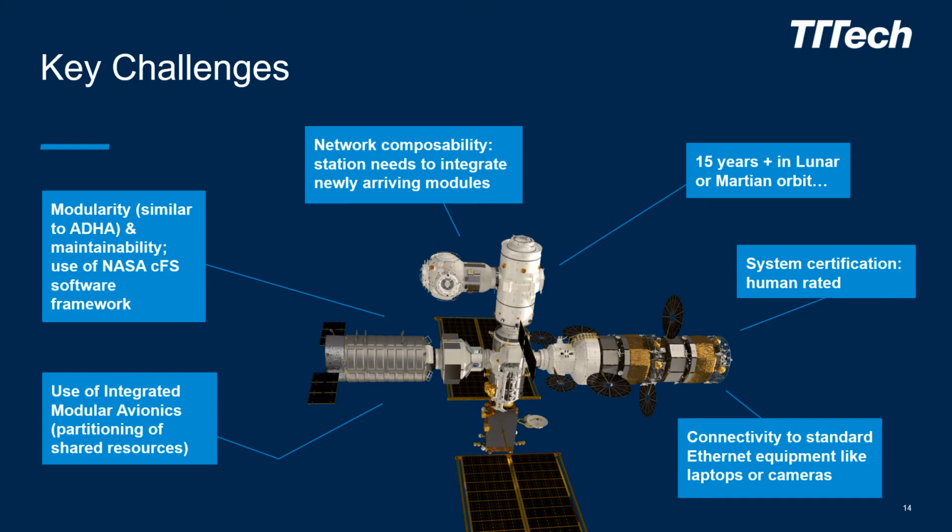It will, of course, have to survive 15 years in lunar or Martian orbit. It is a human-rated project. Connectivity to standard Ethernet equipment, like laptops or cameras, is required. And similar to the advanced data handling architecture, modularity is key, with the use of a middleware software called NASA CFS, NASA Core Flight Software.